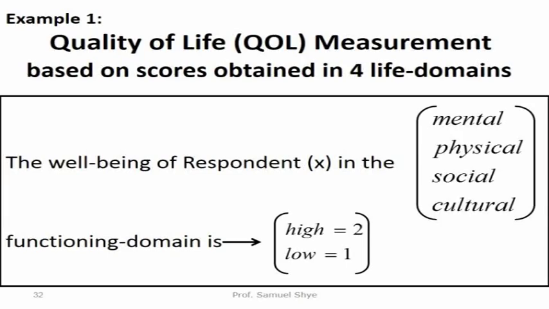Here's an example, quality of life measurement. A simplified mapping sentence says the well-being of respondent X in the mental, physical, social, cultural life domain is found to be high, score of 2, or low, score of 1.